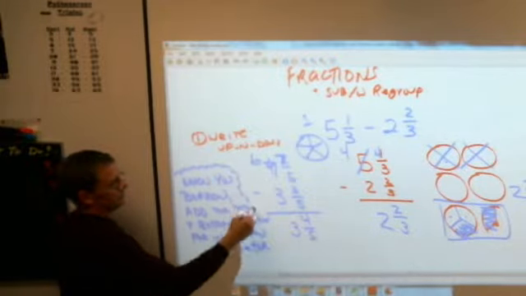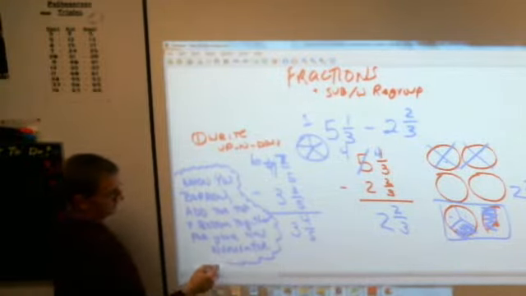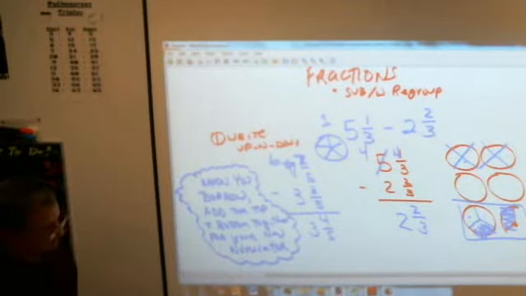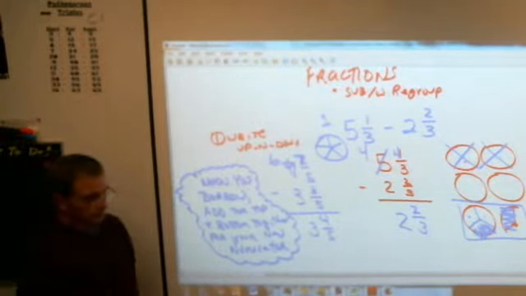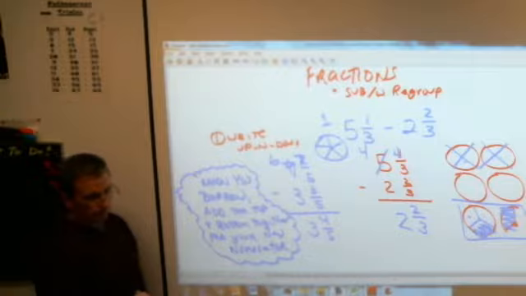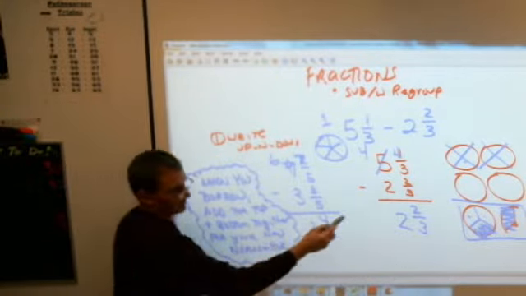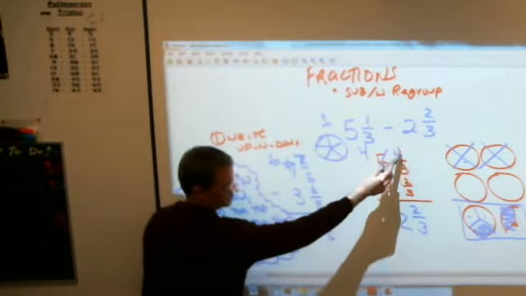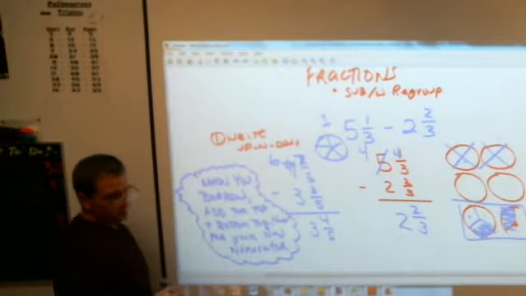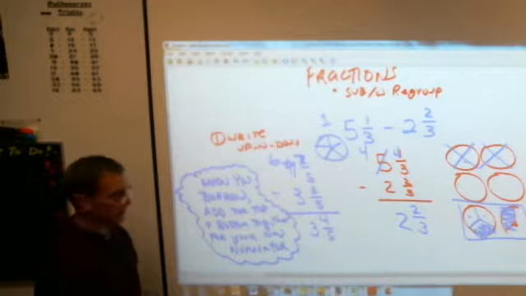Give it a nice little bubble look here. When you borrow, add the top and the bottom together for your numerator. Which is exactly what happened here. Remember when I borrowed here, I added 3 plus 1 and I got 4. Here I added 5 plus 2 and I got 7. It works no matter what. Everybody got that written down?